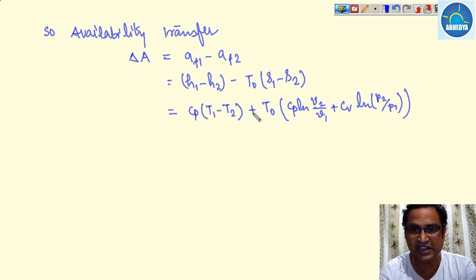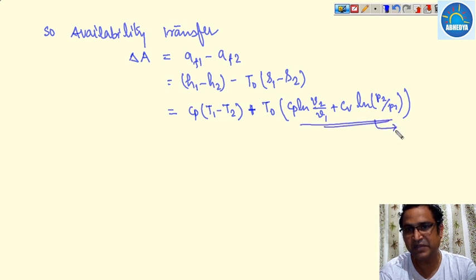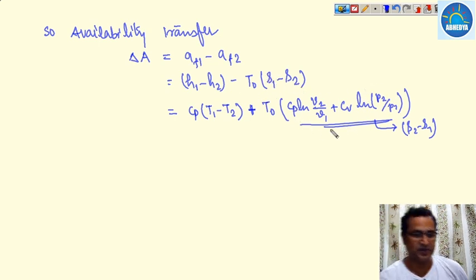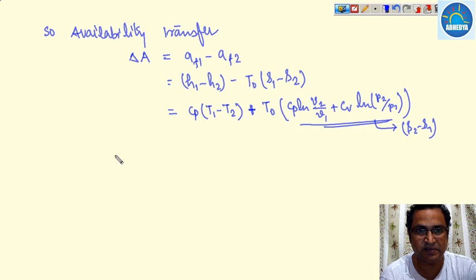I am just writing the plus sign here because this is the S2 minus S1 formula, and I am taking S1 minus S2, so the sign will change. If you put in all the values, the total availability transfer delta A is for per kg of mass.